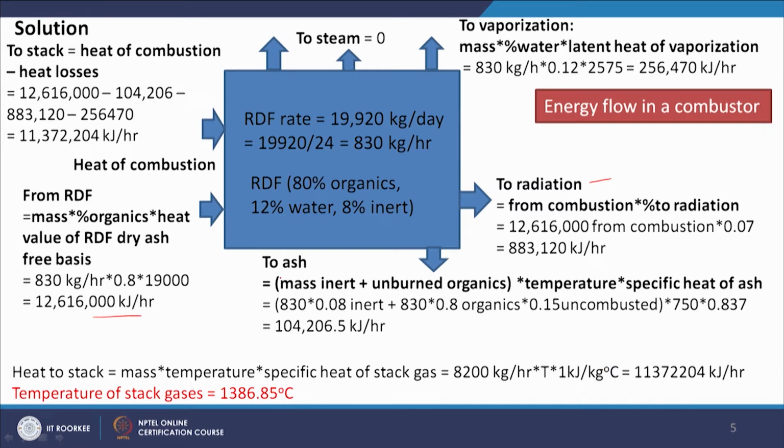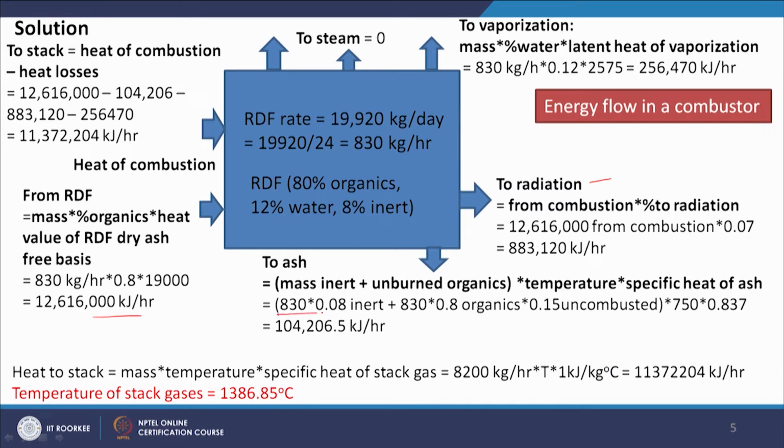In case of ash, the total ash will be the mass of inert which was available, plus unburned organic, because moisture will go up. So, the remaining will be unburned organics plus this inert. 830 is the total RDF rate. So, 830 into 8% inert, 0.08, this is inert, and unburned organic, that is 830 into 0.8 is the organic content and 15% of it is unburned, so 0.15 again is multiplied.